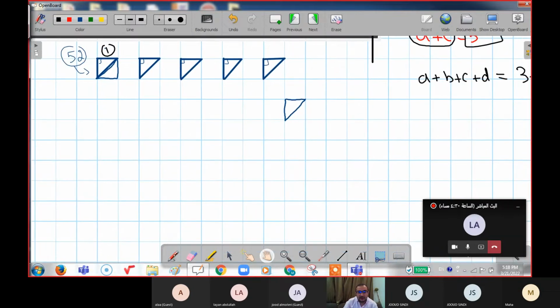If I draw this one, Layan, pay attention to me now. How many right isosceles triangles are in this figure? The black shape, this square. 2. So if I make 2 squares, another one here.